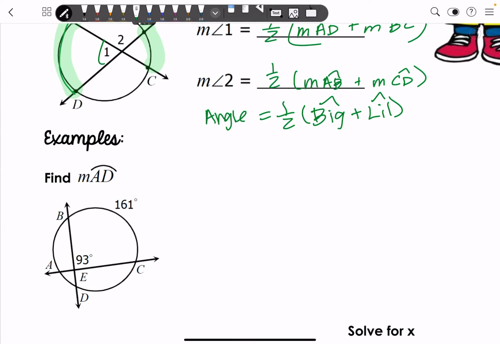Okay, so we're trying to find the measure of arc AD right here. We've been given this angle, and we've been given this arc. So what would really help me is to write it in this setup right here.